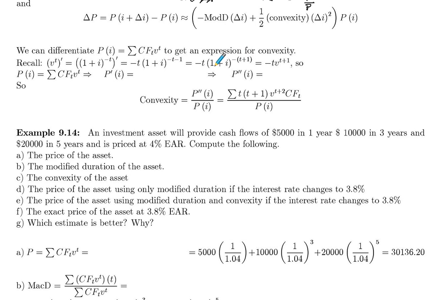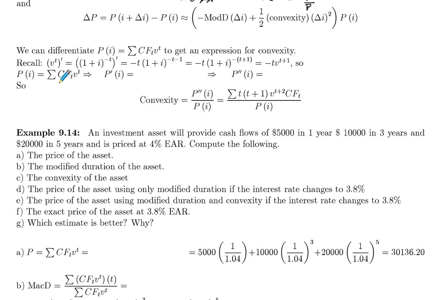So everything else is the same: negative t times 1 plus I to the negative of t plus 1. And then 1 plus I to the negative 1 power is v. So if we put v back in, we get negative t v to the positive t plus 1. The negative exponent went along with the 1 plus I to make it 1 over 1 plus I. Okay, so the derivative of v to the t with respect to I is negative t v to the t plus 1.